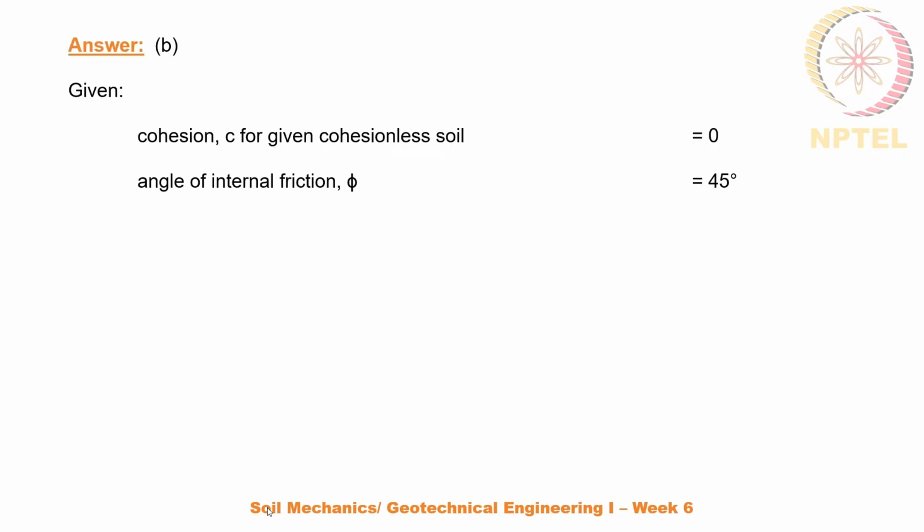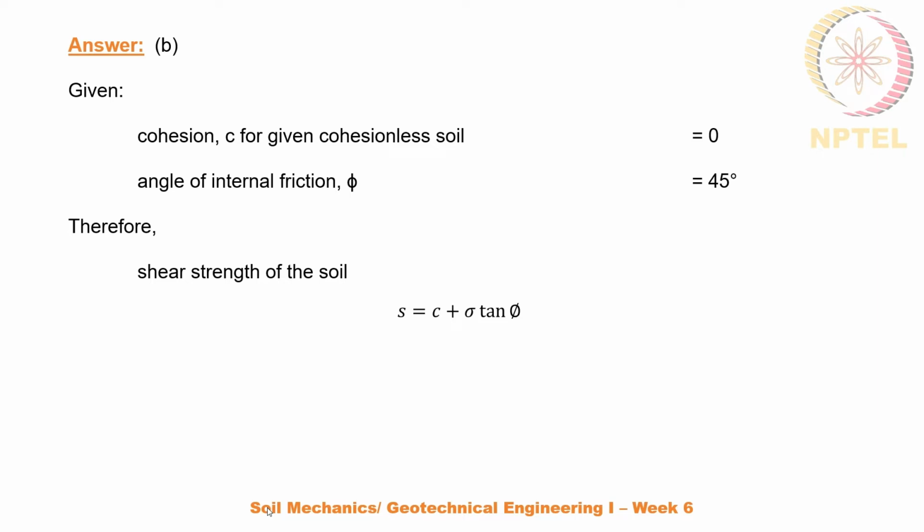1. Here we are given that the cohesion C for the given cohesionless soil will be 0 because it is a cohesionless soil. So the value of cohesion will be 0. It's given that the angle of internal friction of this particular soil is 45 degrees. Therefore, considering the equation for the shear strength, we have S is equal to C plus sigma tan phi.